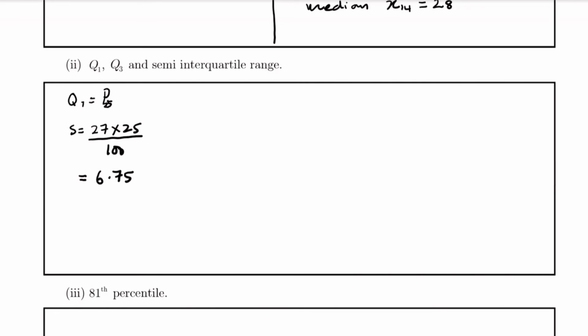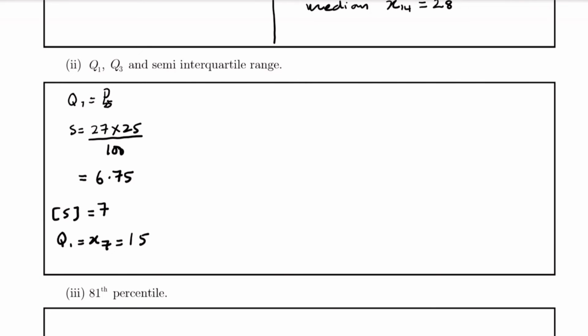Since 6.75 is not an integer, we choose the least number bigger than 6.75, which is 7. So our Q1 is the 7th data from the observation, which is 15.